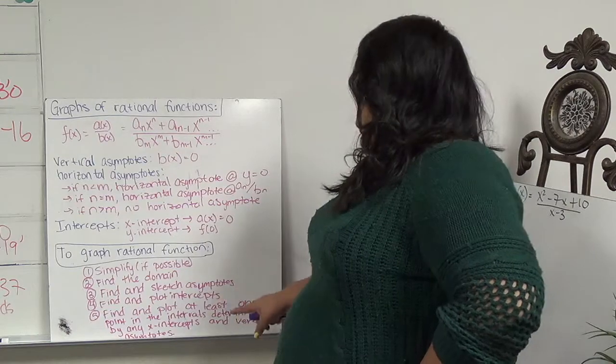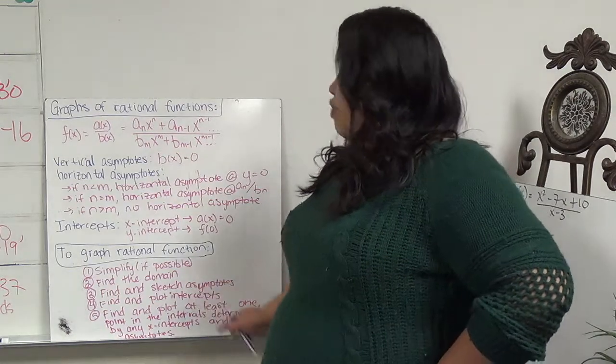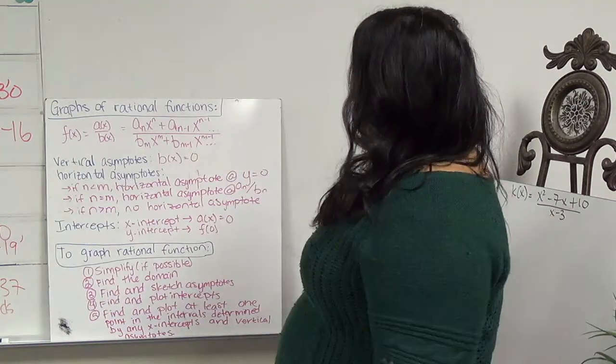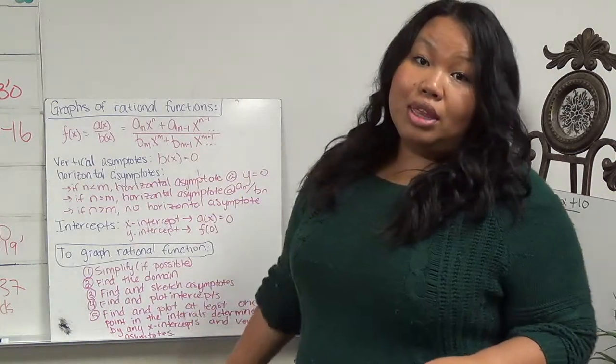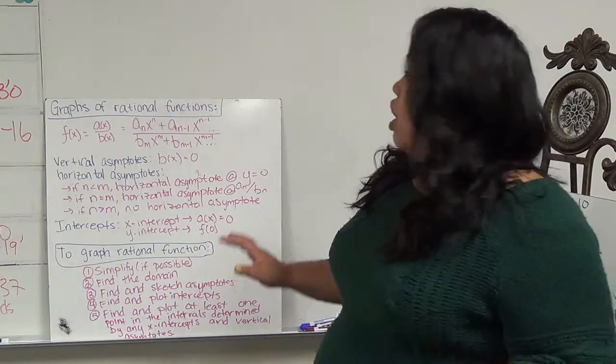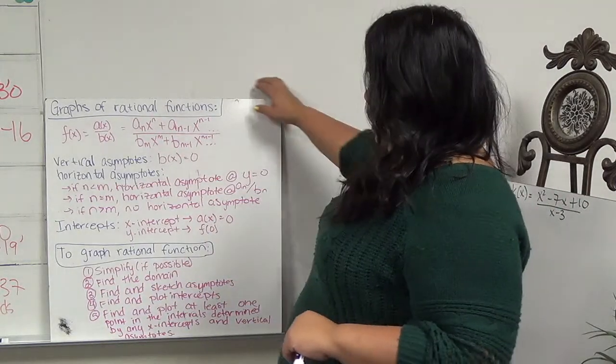So basically, using this information, we plot in between so that we know how to graph. And that might be a lot. Go ahead and pause and write this down, because these instructions need to be near you so that we can figure out how to graph this.